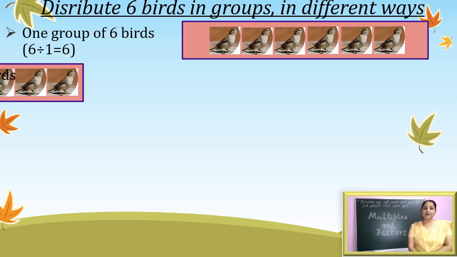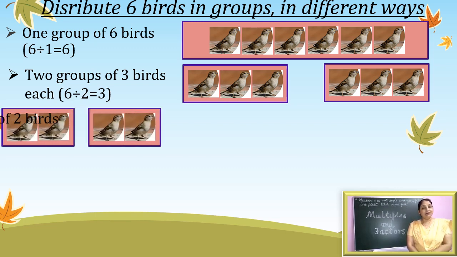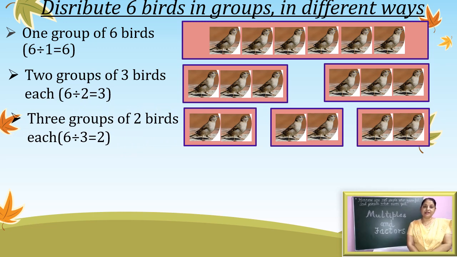Now distribute these 6 birds in 2 equal groups. How many birds will be there in each group? There will be 3 birds. So we can say that 6 divided by 2 is equal to 3. Next, we can distribute these 6 birds in 3 equal groups also, and in that case we will have 2 birds in each group, and we can say 6 divided by 3 is equal to 2.